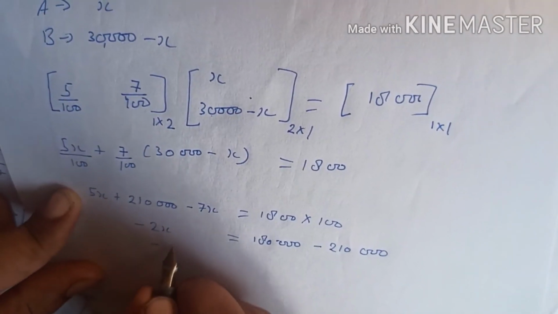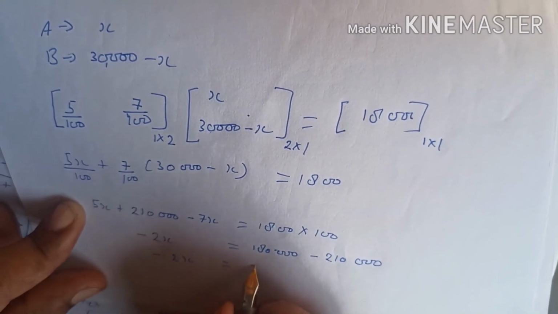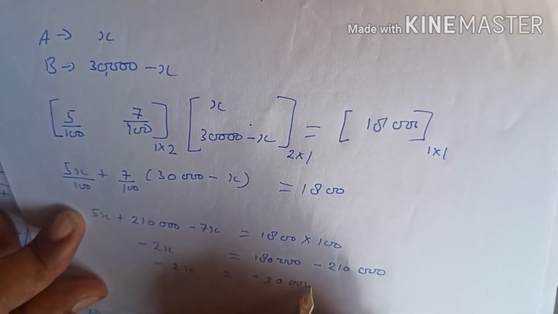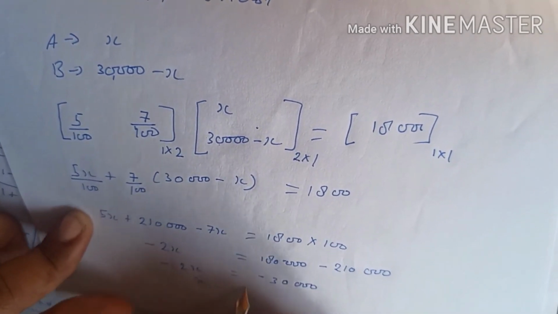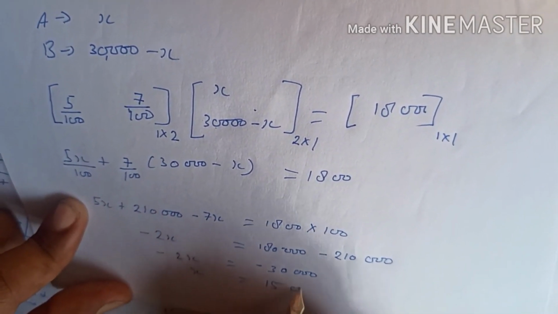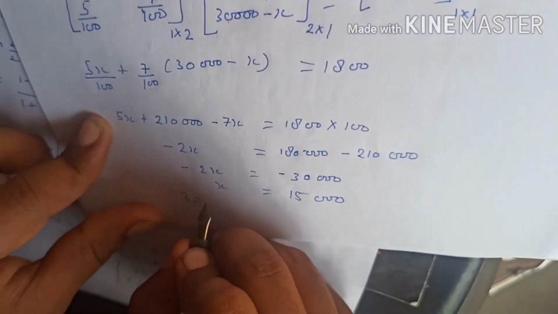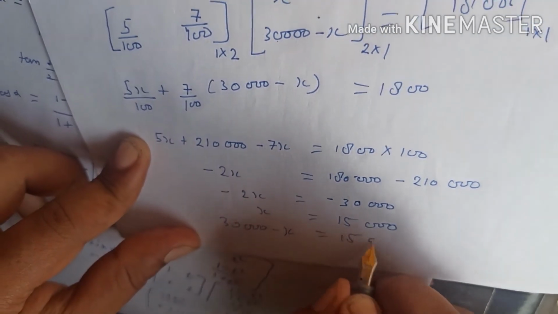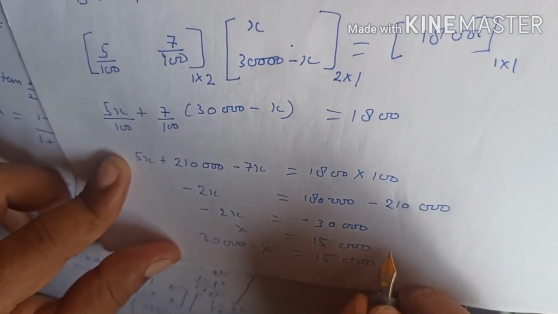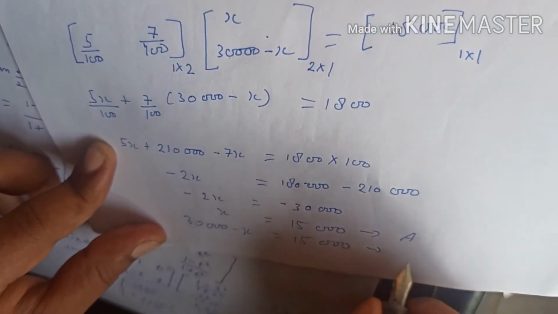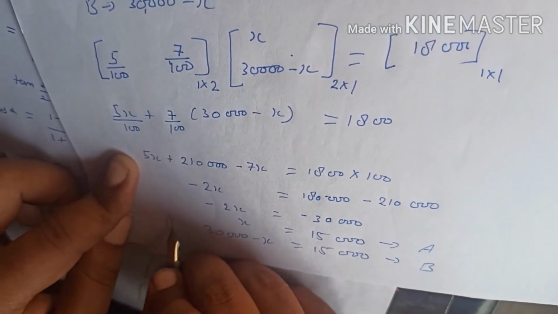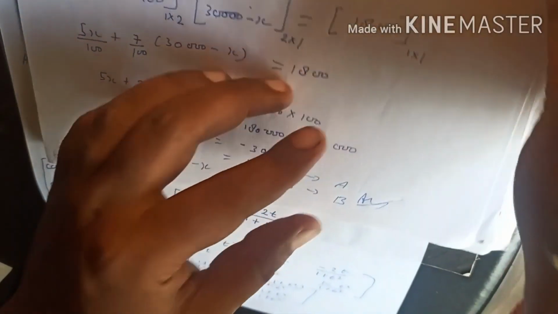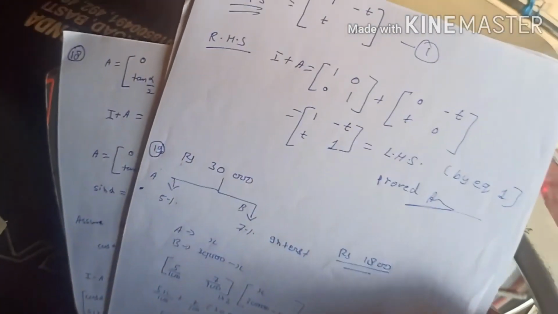So negative 2x is equal to negative 30000. So x is equal to 15,000. So 30,000 minus x also becomes 15,000. So in section A I have to invest 15,000, and in section B I have to invest 15,000. That's the final answer, and the second part you can do it.